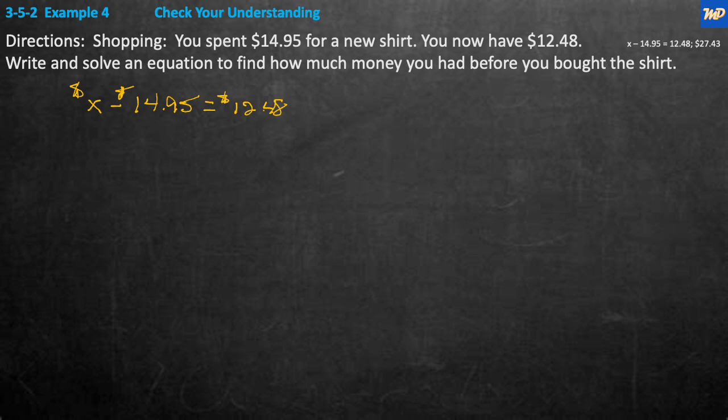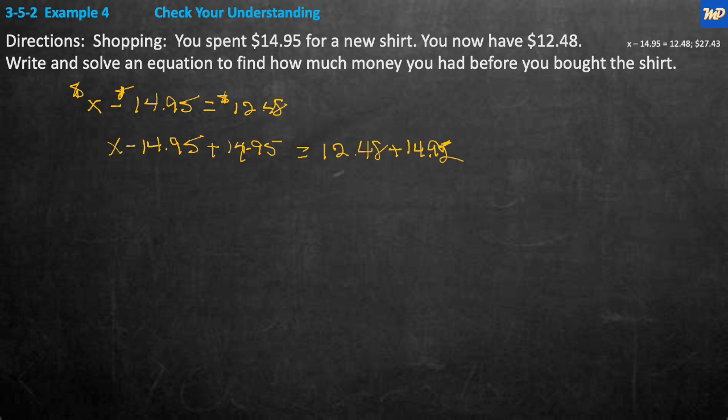Okay? So we have to get the x by itself, which means we have to add $14.95 to both sides. So x minus $14.95 plus $14.95 is equal to $12.48 plus $14.95. Oops, that's a 2, I meant it to be a 5.